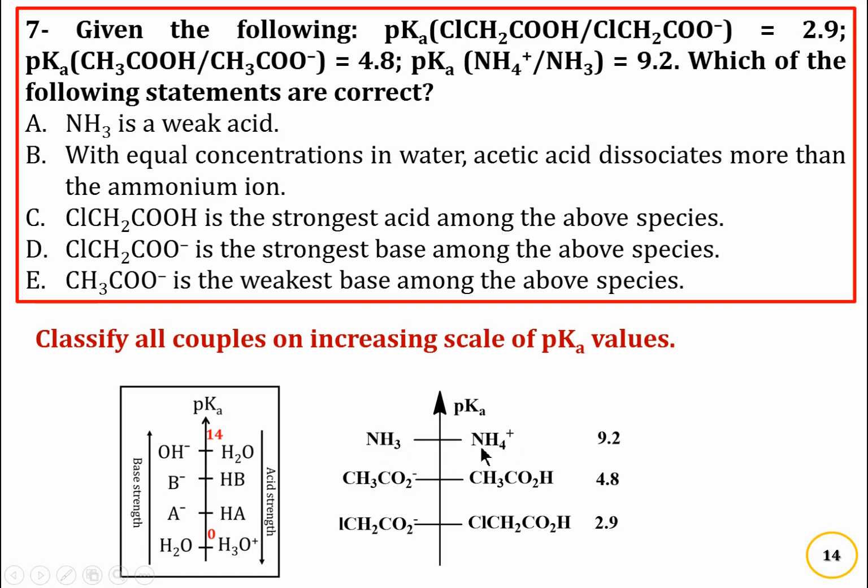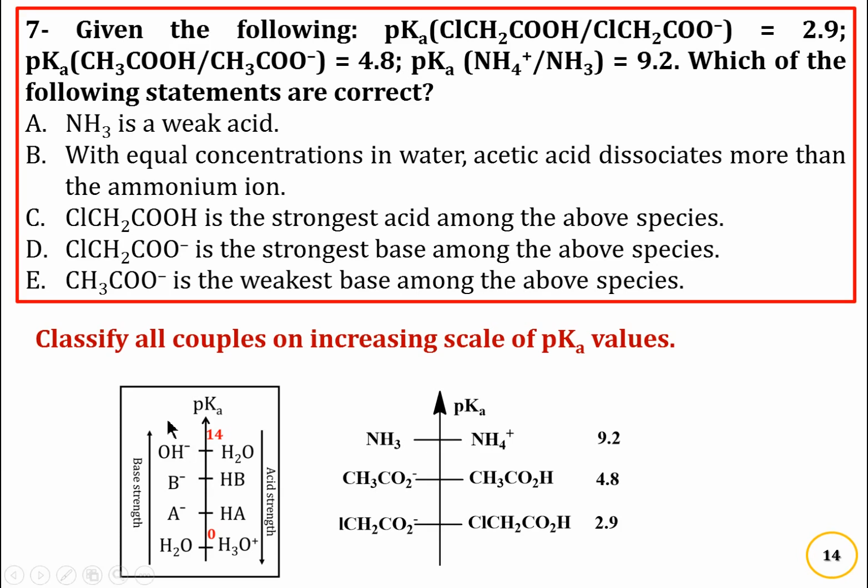So we have NH3, NH4+, acetate, acetic acid, and ClCH2COO-, and ClCH2COOH. As explained before, for any couple with pKa between 0 and 14, the acid of the couple is weak and the base of the couple is weak.